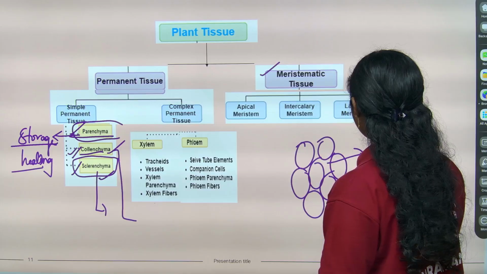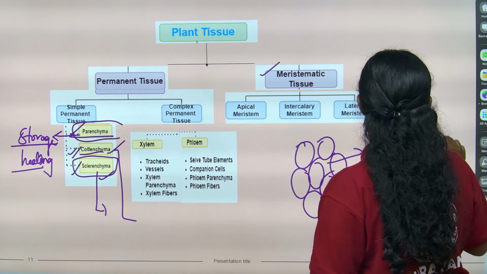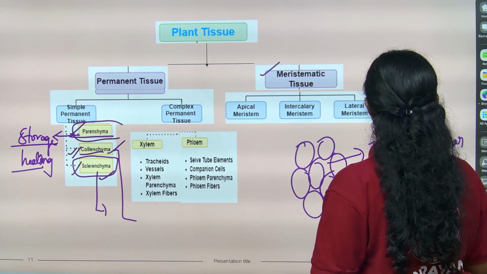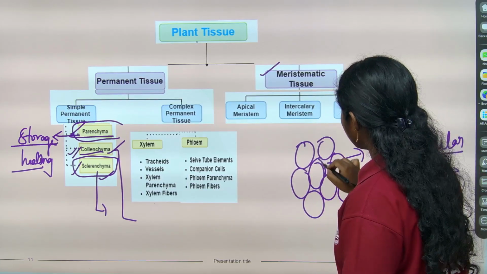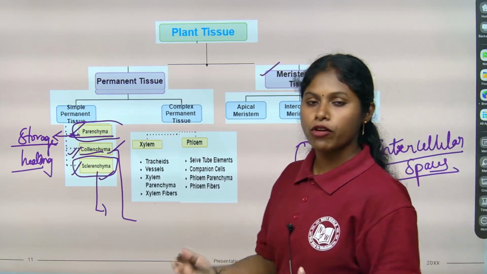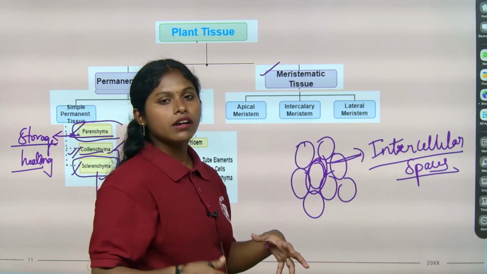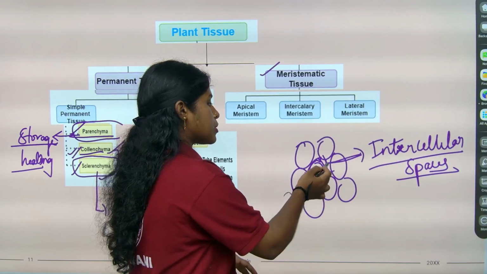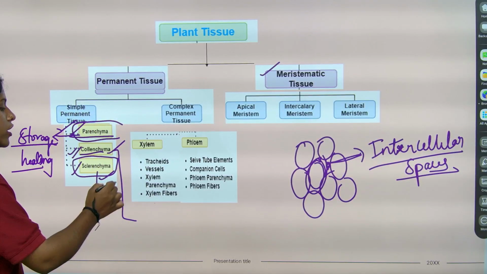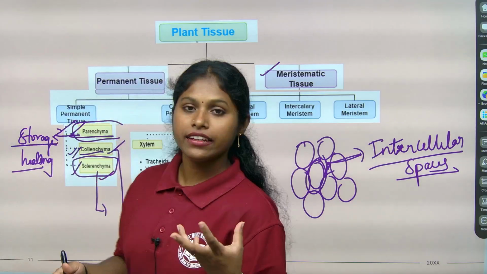These are intercellular spaces. These spaces perform a function in the exchange of gases and minerals. So parenchyma has intercellular spaces, and collenchyma does not have any.